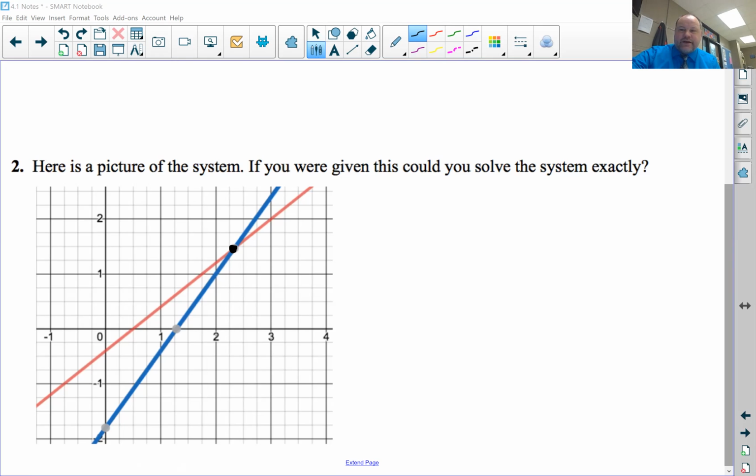If I don't know the exact coordinates, then the answer obviously is no. I would have to make an estimate. And so could I solve this system exactly? No, not from the graph.